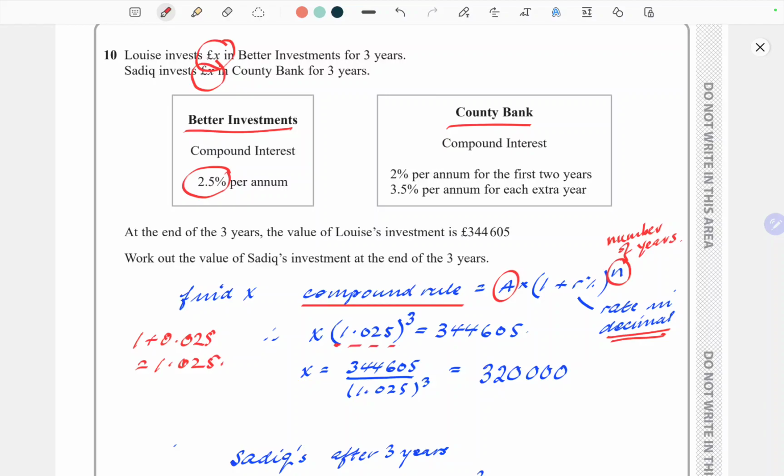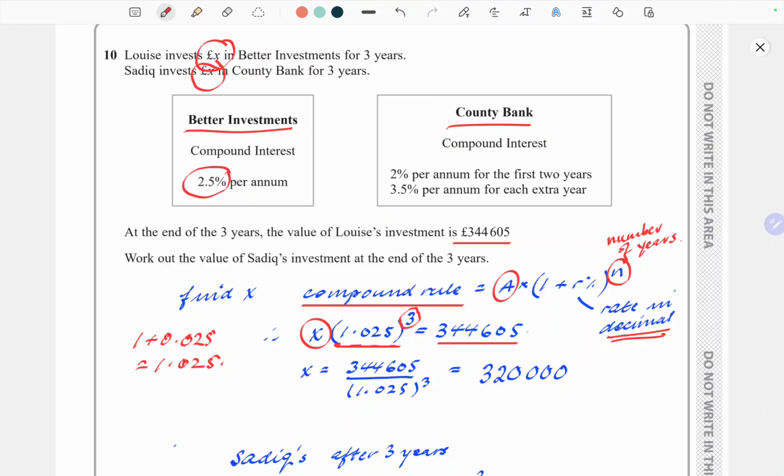So what information they give us is that Louise's investment, i.e. Better Investments, is your principal amount X times the 1.025 to the power 3, all right? And that, they tell us, comes out as 344,605.